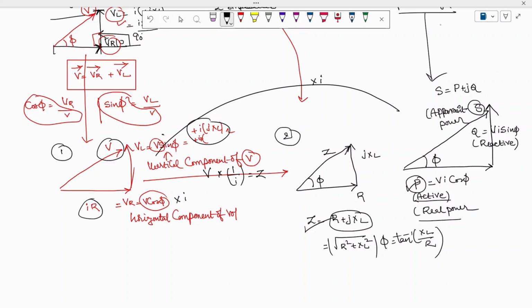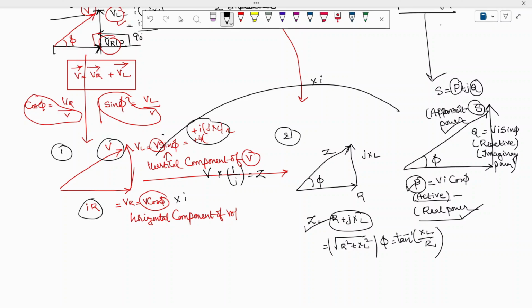So P is available on the real side or real number, that's why it is called real power, and Q is in the imaginary part, that's why it is called reactive power, or imaginary power, and the resultant power is called apparent power.